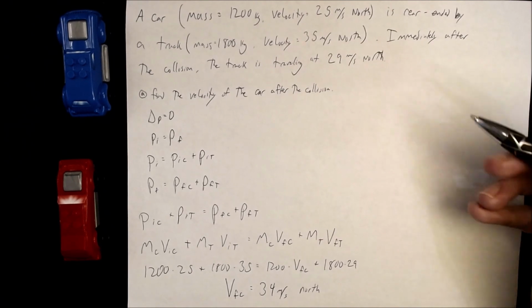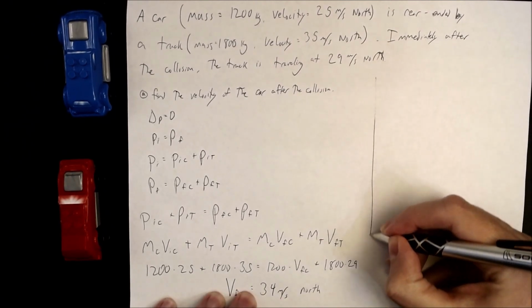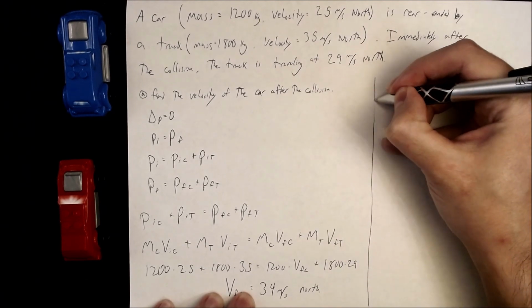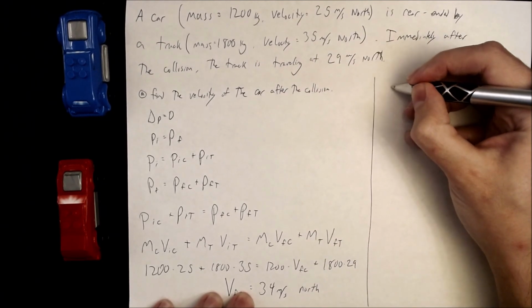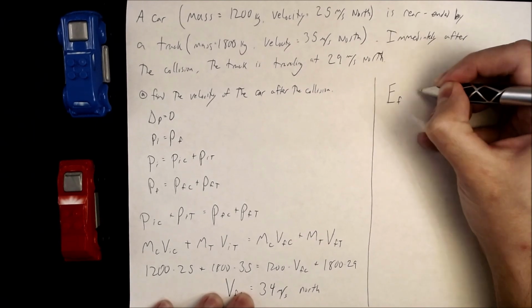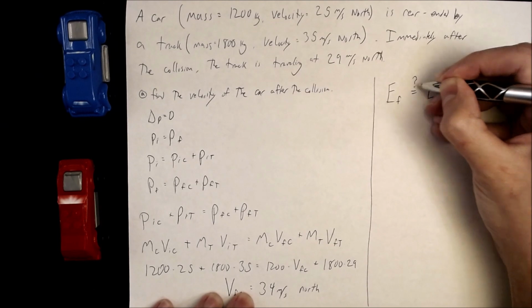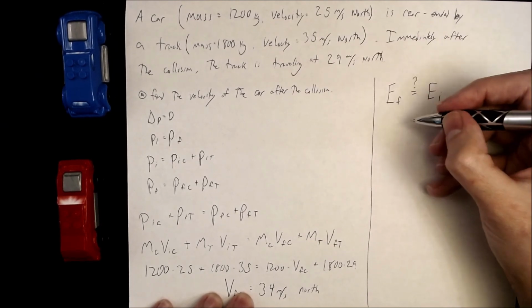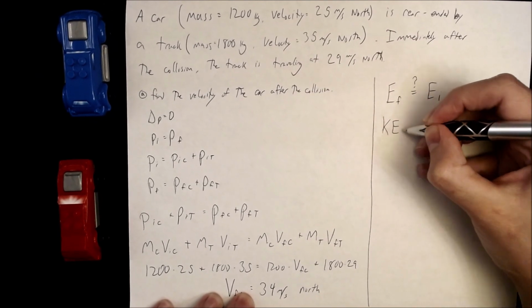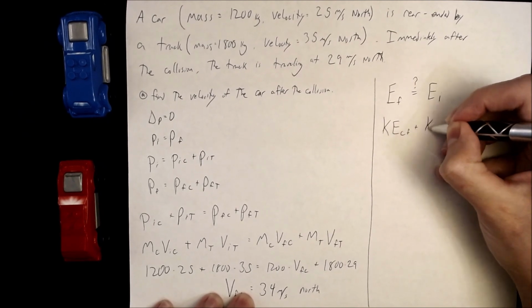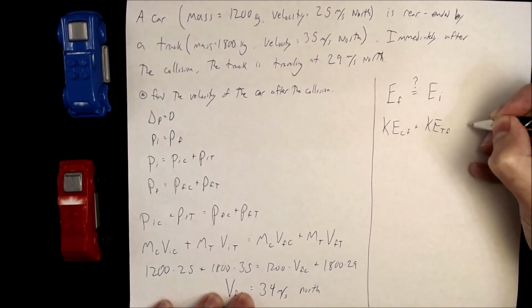And I'll leave that to you to actually calculate, but you can always try it out by seeing whether or not E final is equal to E initial. This would just be kinetic energy of the car final plus kinetic energy of the truck final.